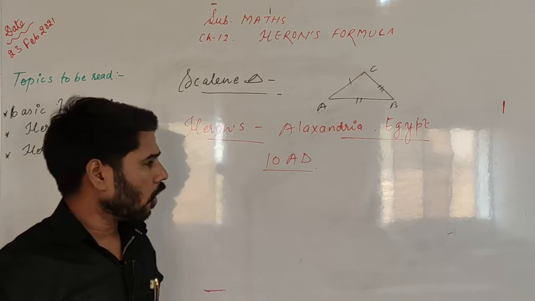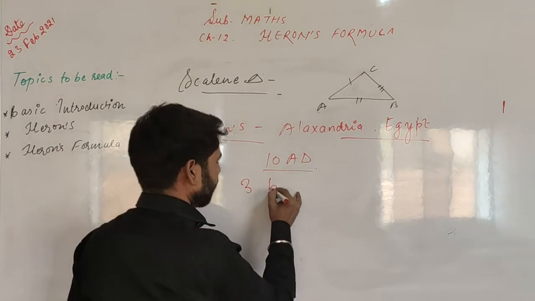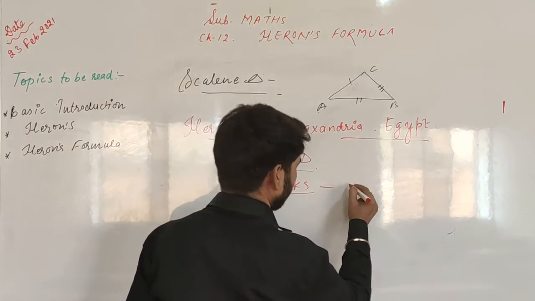So he wrote 3 books. How many books did he write? 3 books on mensuration.